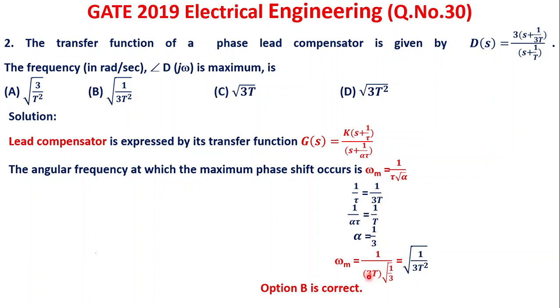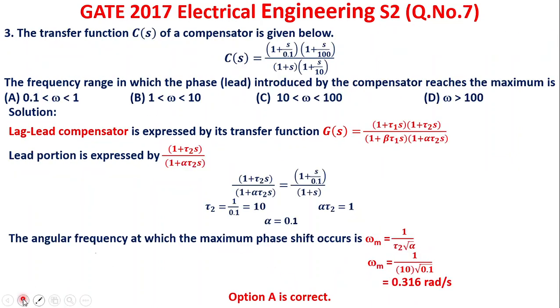So ωm is 1 / (τ√α), with τ equal to 3T and √α equal to the root of 1/3. If 3T is brought inside the square root, 9T² divided by 3 gives 3T², so the answer is 1 over the square root of 3T². Option B is correct. See how simple it is.